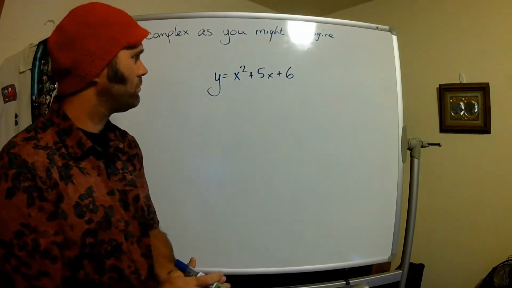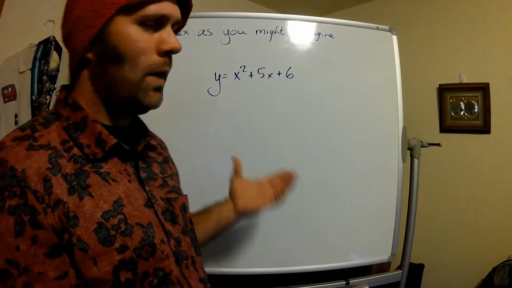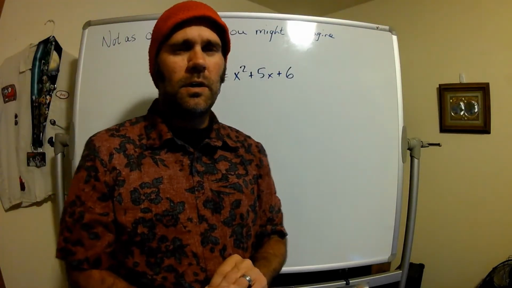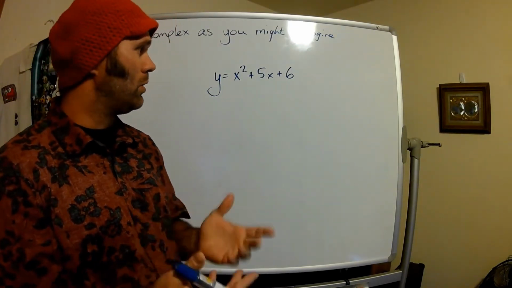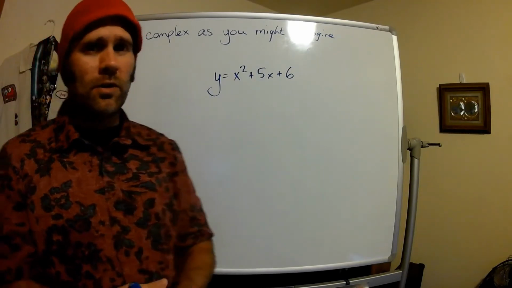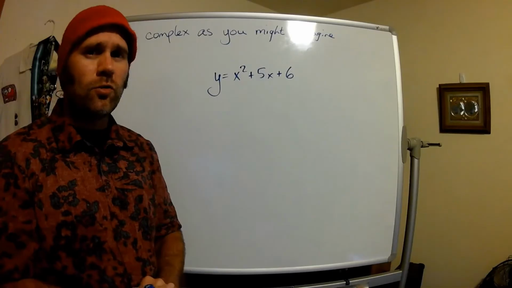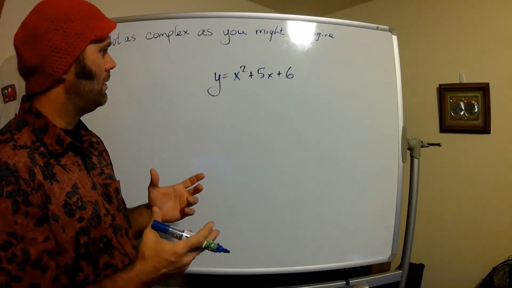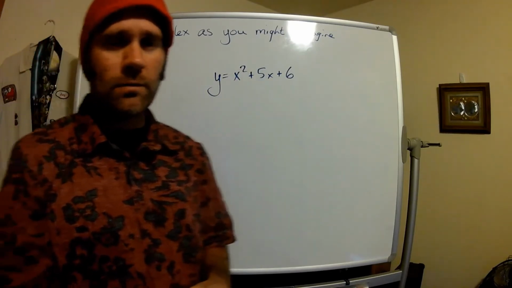We can tell whether or not this equation that I've made up has 1 solution, 2 solutions, or no solutions. There's a few different methods of figuring this out. One of them is to factor the right-hand side of the equation.